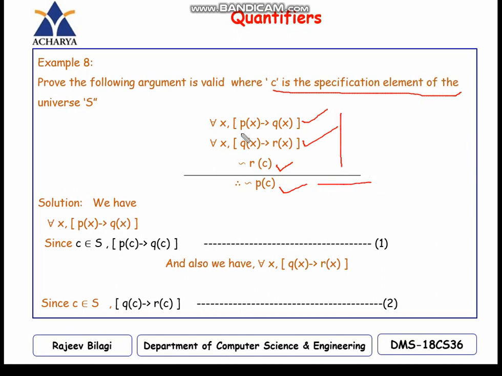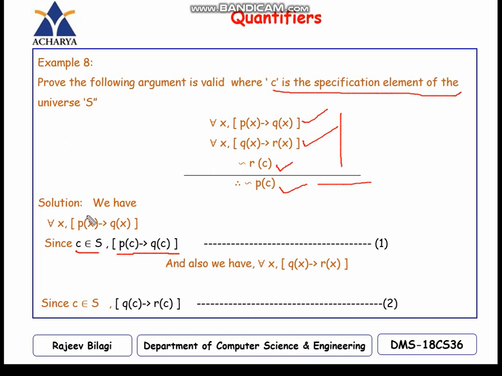Now we know that for all x, P of x then Q of x, and since C is an element of S, I can write P of C then Q of C.